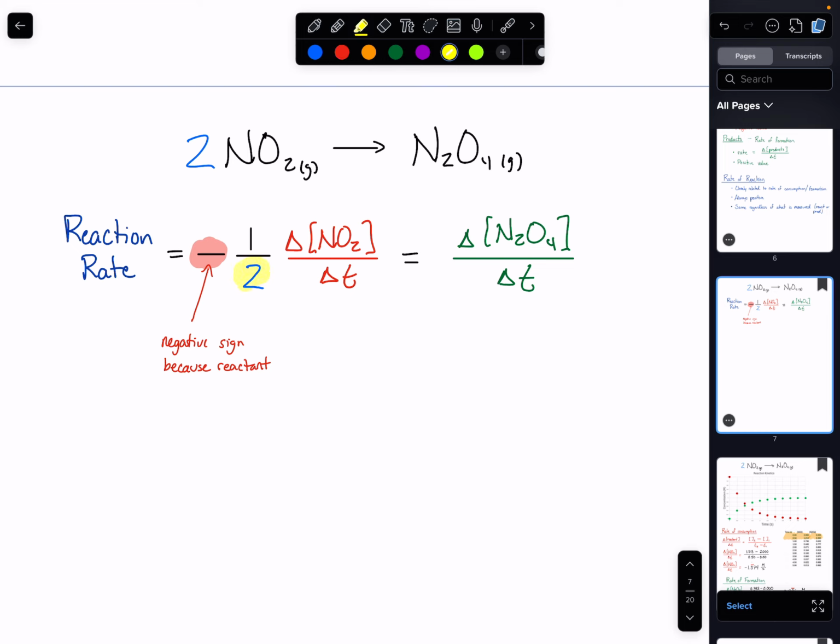Okay, and where does that 2 come from? We're going to say because of our stoichiometric coefficient.